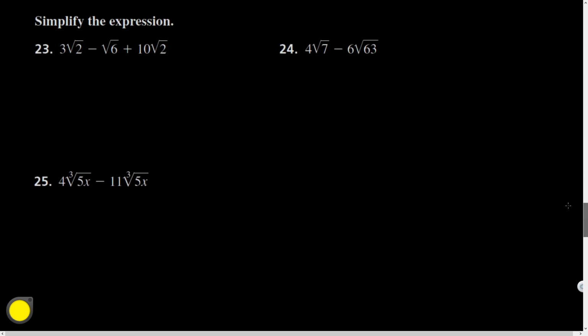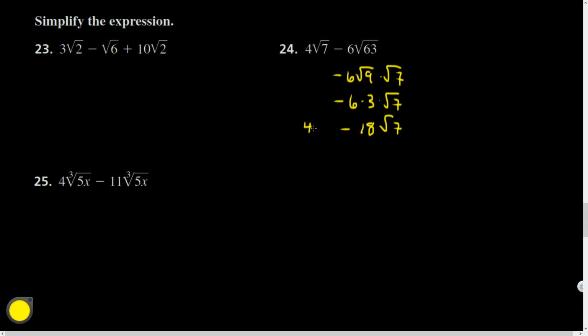And then, all right, I'll do 24 real quick. Square root of 63 breaks down into 9 times 7. And so that's going to be negative 6 times 3 times rad 7, which is negative 18 rad 7.